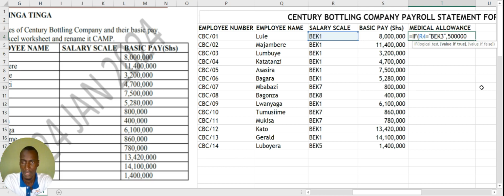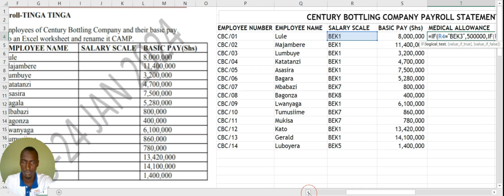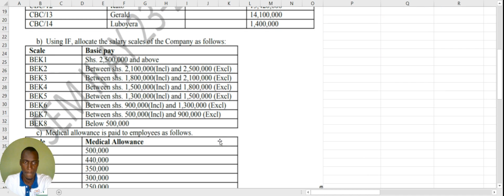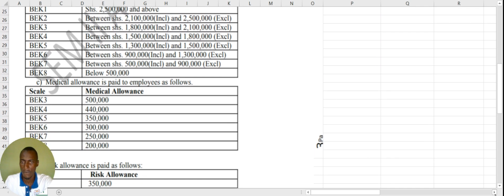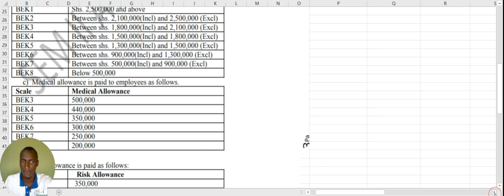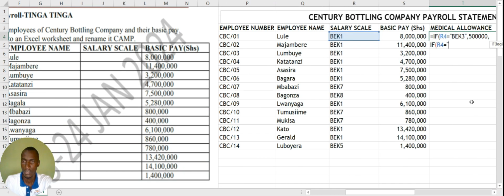Then if our salary scale equals BEK4, that is 440,000.